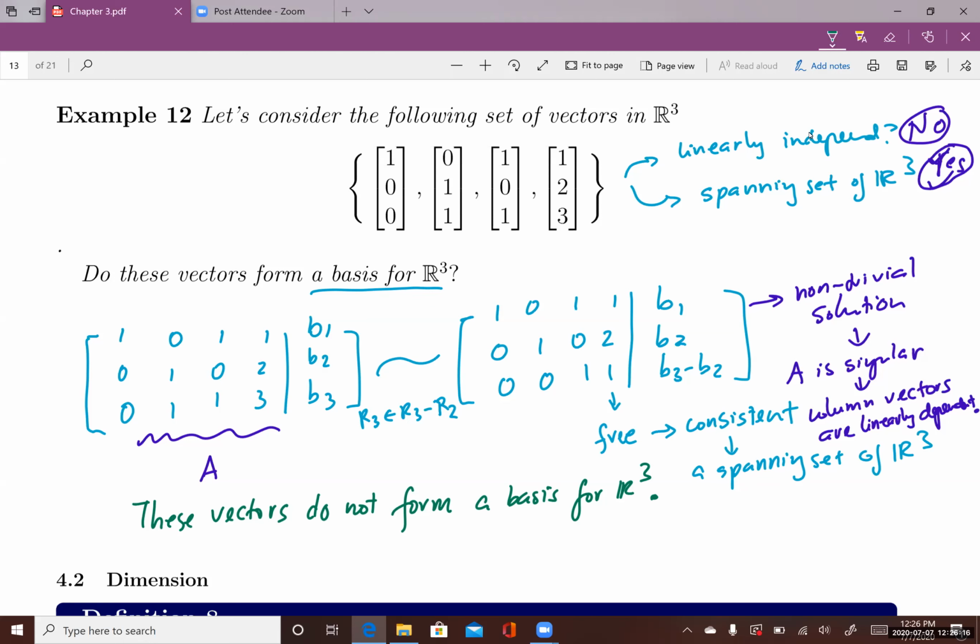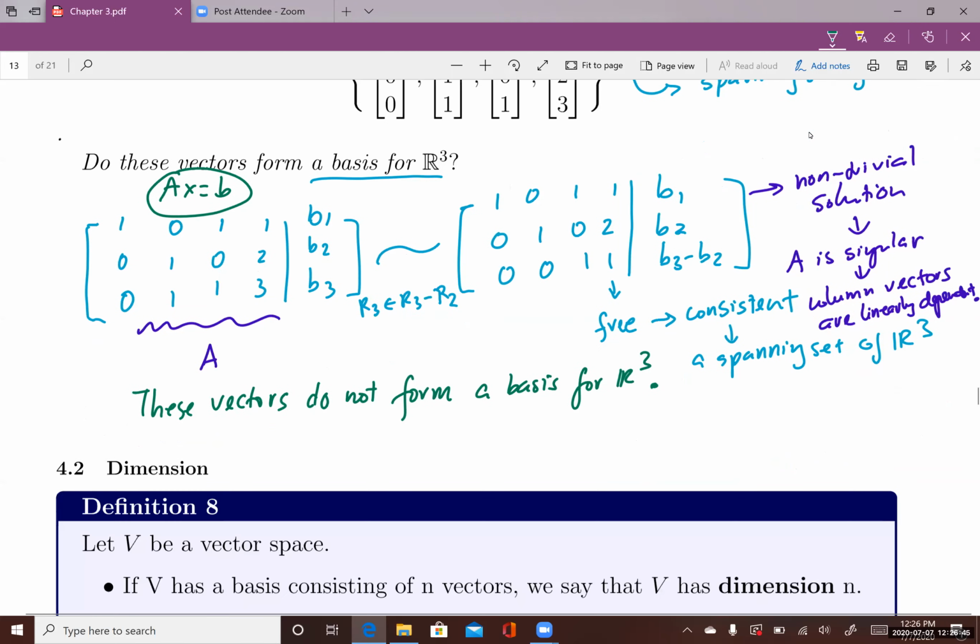And from using the system AX equals B, I evaluate this system, and I know that this system will have non-trivial solutions. That means this matrix A here is singular, and if it's singular, then the column vectors are linearly dependent. That means these vectors here are not forming a basis.